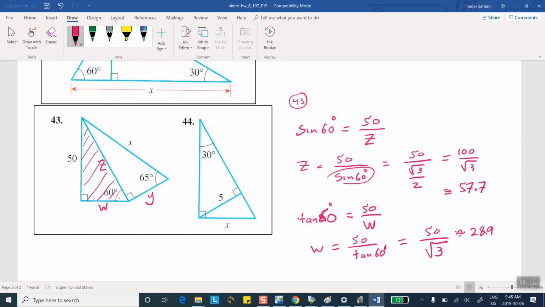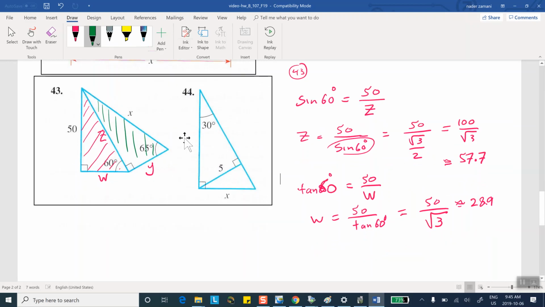And now that we found Z and W, we can go find X and Y in the other triangle. So we go here. So for example, you can say that sine of 65 degrees is opposite, which is Z, divided by hypotenuse, which is X. And we found what Z was.